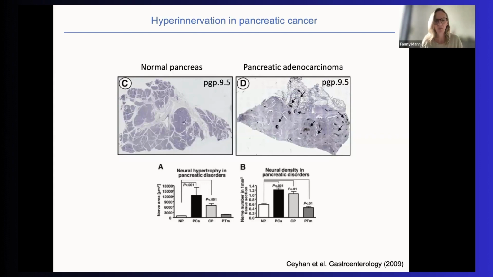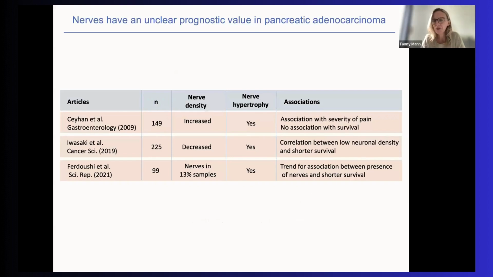And they reported both an increase in nerve density and a hypertrophy of the nerves in sections of pancreatic cancer compared to normal pancreas from healthy human donors. And in this initial study, the degree of neuronal changes was associated with a high severity of the pain reported by the patients. However, there was no association with overall patient survival.